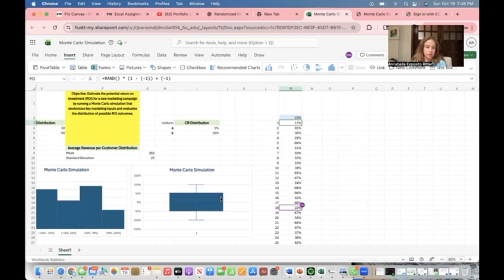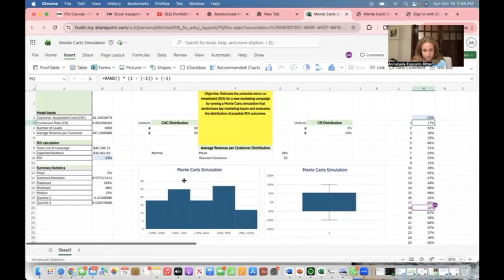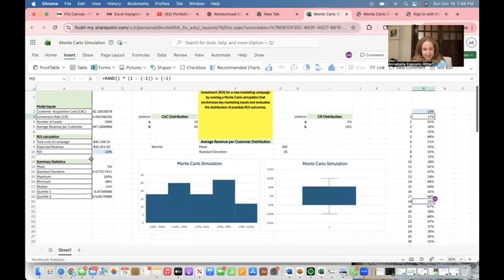It would be equals RAND, ending the parentheses, times, and then starting the parentheses, one minus negative one, plus negative one, and you would autofill. And that's how you get the randomized numbers here.